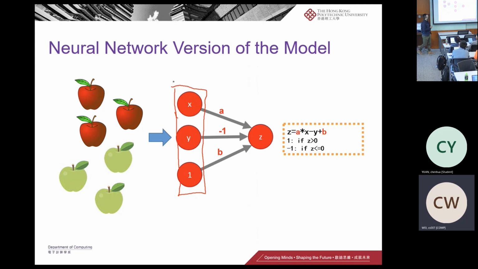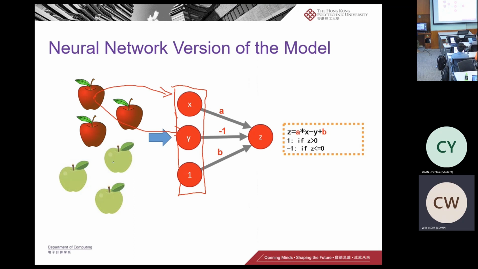Because the calculation of that formula is every time we select A and B, for any given samples, their coordinates X and Y here, you can calculate following that formula to get a Z, right? So for this example, because we have coordinates, we input them to X and Y here.